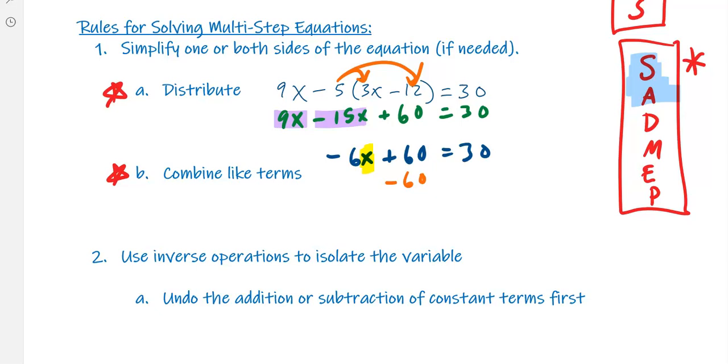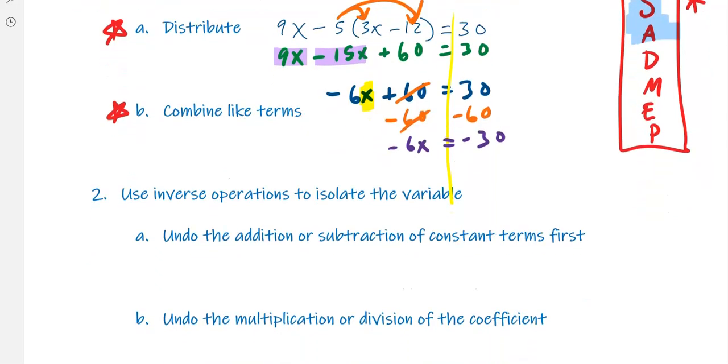And please remember, we have to do one thing on each side of the equal sign. So we're going to subtract 60 from that side, subtract 60 from that side as well. Now, of course, these two cancel each other out. And that leaves us with negative 6x equaling 30 minus 60, which is negative 30. Okay, so we undid the addition by subtracting using the inverse operation.